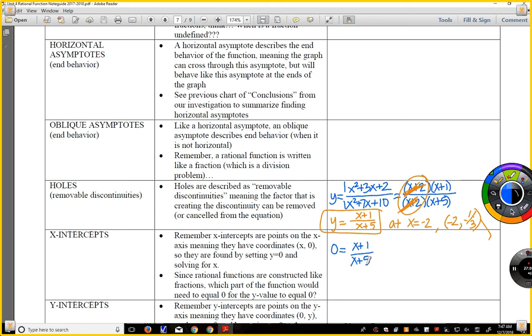So my advice is factor and cancel at the beginning and just recognize your holes. A hole becomes something I do at the beginning and the end of the process. I want to find it at the beginning, but then I don't use it again until I'm graphing, after I'm done with getting all this other stuff. So if I set the y equal to 0, how do we solve rational functions?